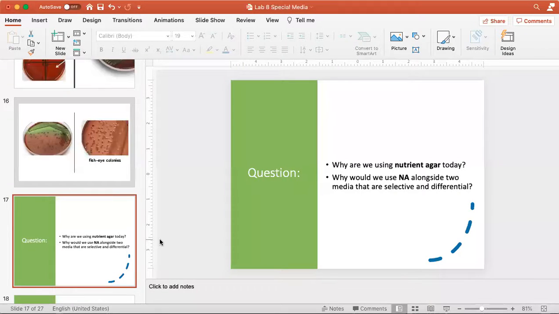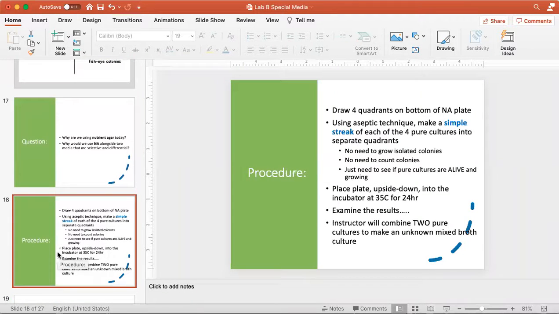Okay. So what I did was I took my nutrient agar plate and I drew 4 quadrants basically with a Sharpie on the bottom of the plate. And then I wanted to transfer cells out of 4 broth tubes that had my cells growing in them.